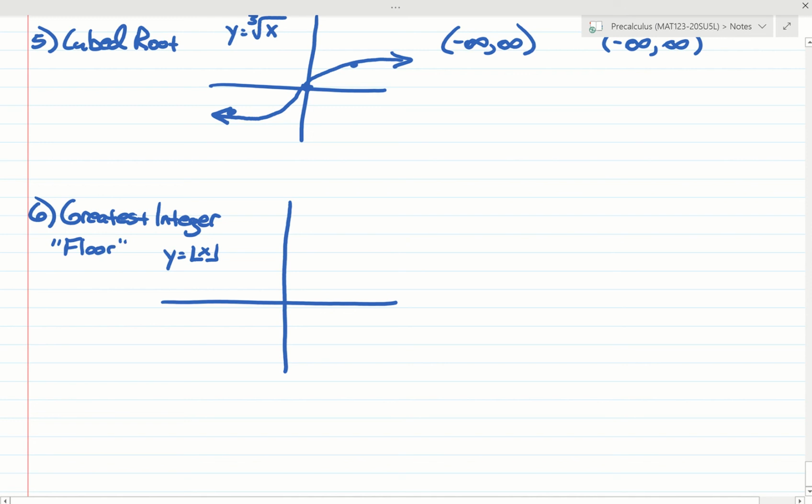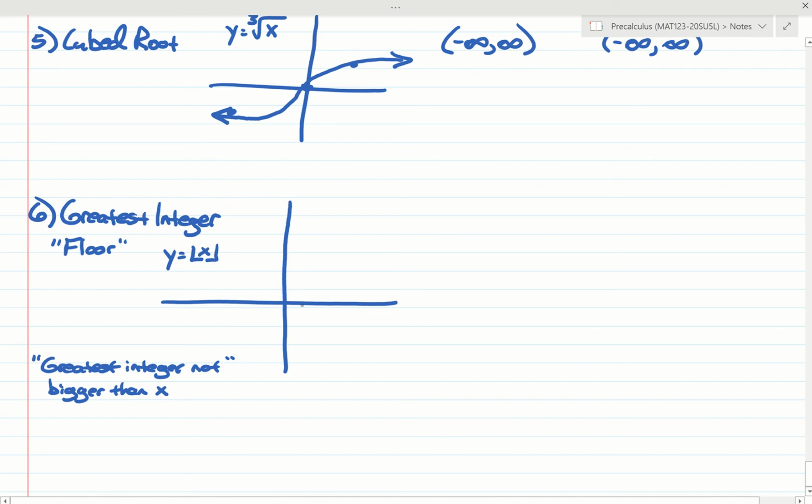This has a jump discontinuity. What the greatest integer function means is we want to find the greatest integer not bigger than x.